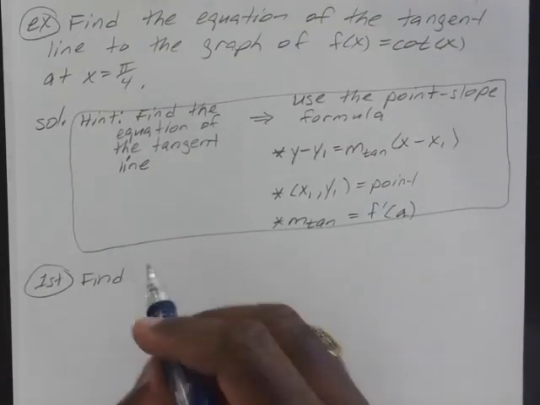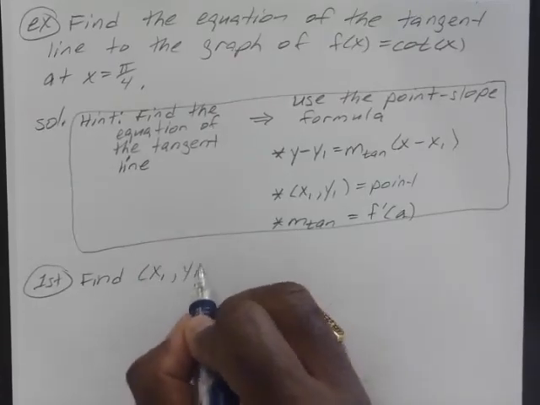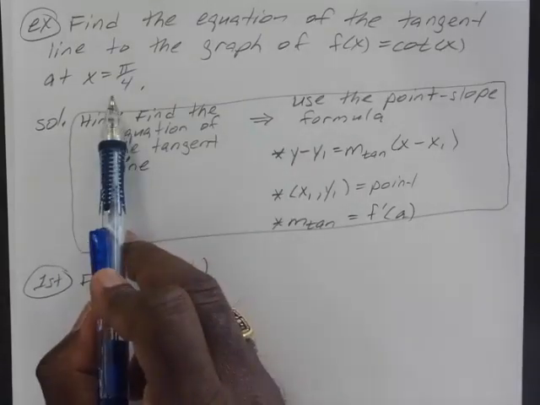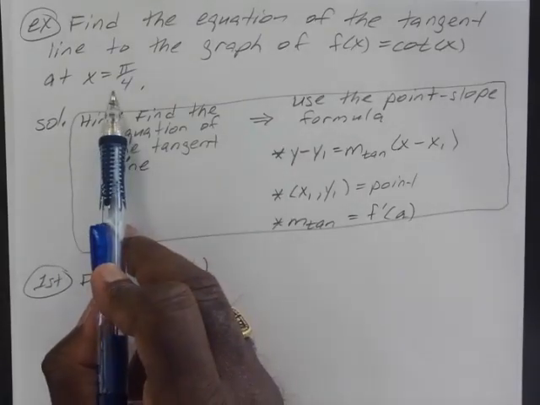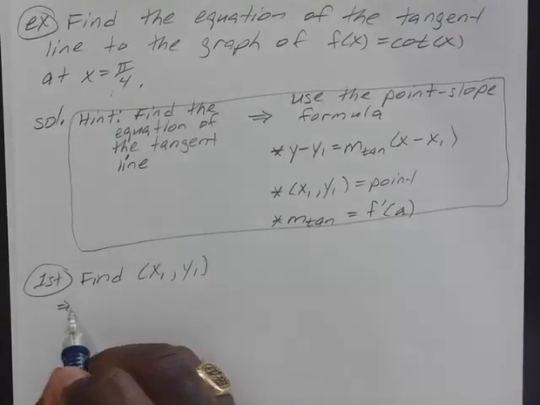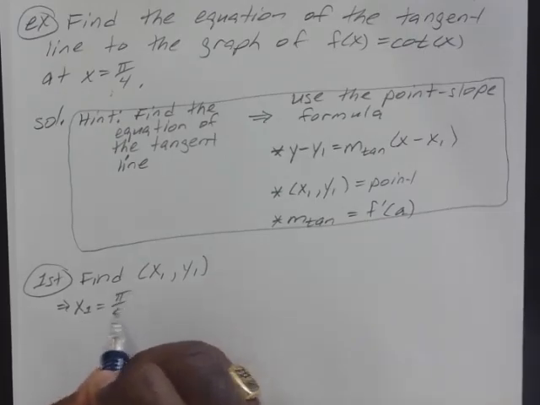And you can go in whatever order you like. This is just my particular order preference. Okay. Well, we already have 1 point. That's our x1. That's pi over 4.